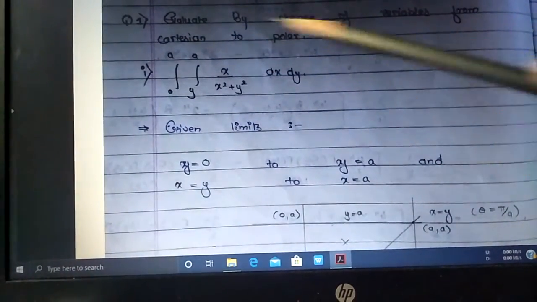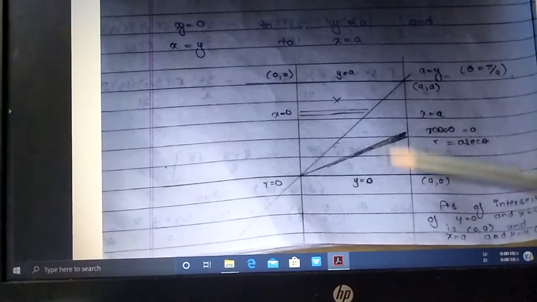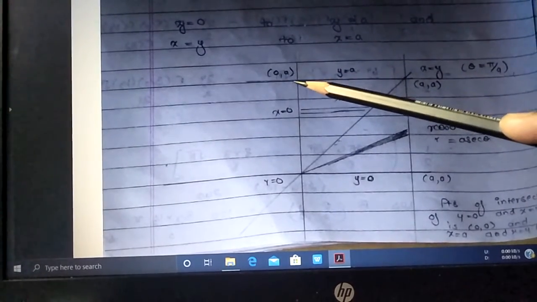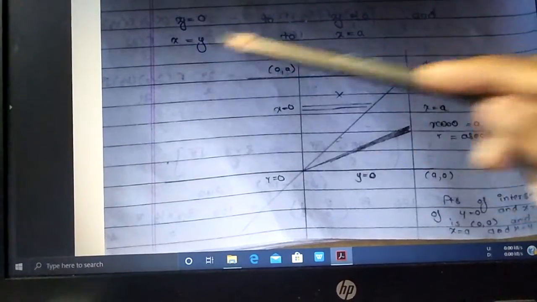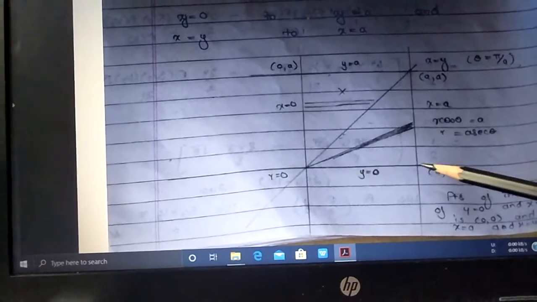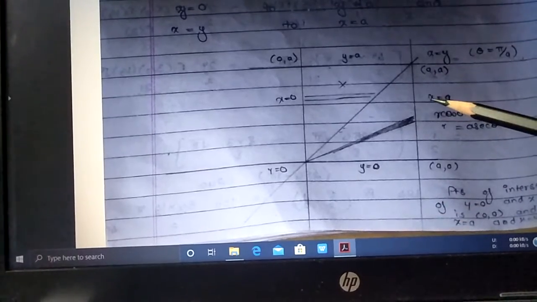Now these given limits we have to draw in the xy plane. If we draw these limits in the xy plane, we get this type of figure. That is y equal to 0, the equation of the x-axis, and y equal to a, a line passing through this point, suppose this is distance a. x equal to y is a straight line passing through the origin. x equal to a, there is a point a on the x-axis and the line passing through this point is x equal to a.